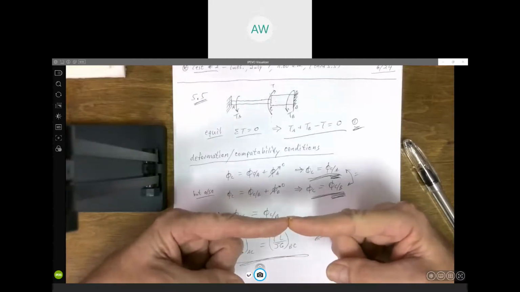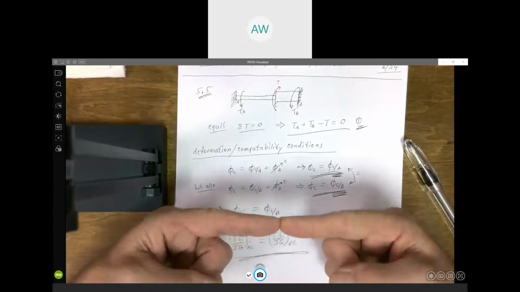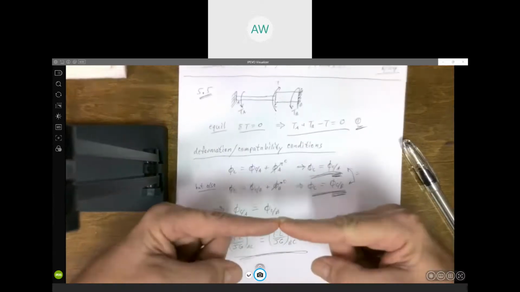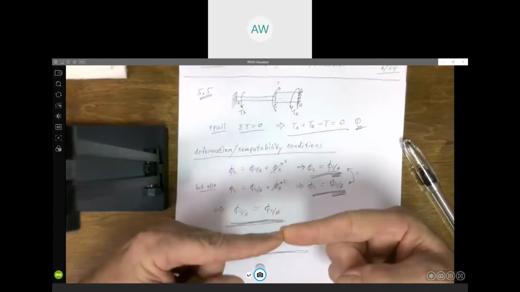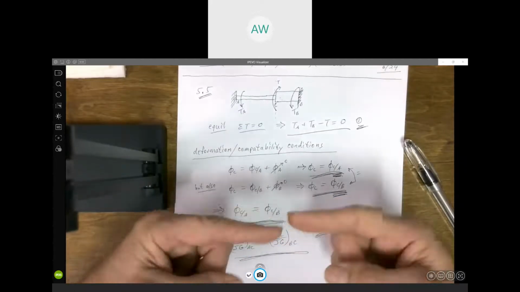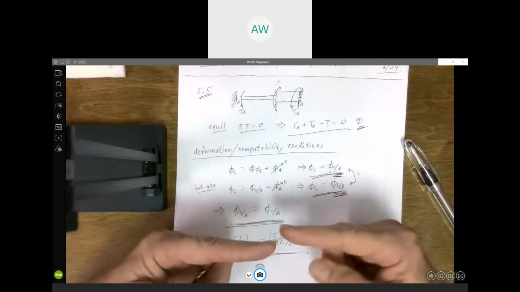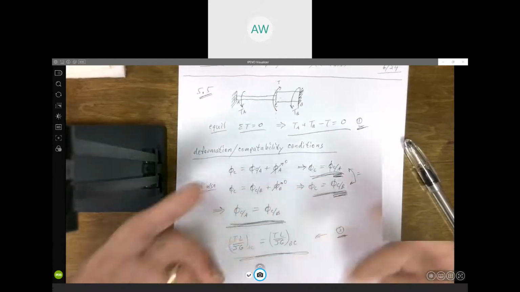All this says is if this rotates, the point where they meet has to rotate the same. If one rotated more than the other, the material would have to fail and break. That's the only way they could not rotate the same amount, and that's all it says.